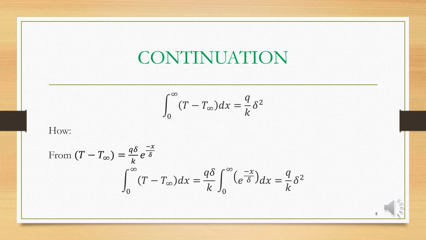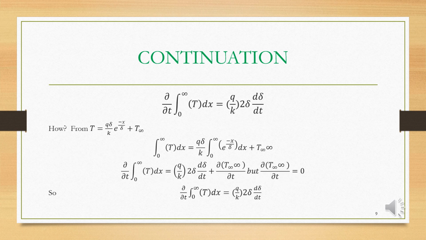The last integral is carrying out the time derivative of the integral of T dx from 0 to infinity. The solution is Q over K times 2 times lambda times d lambda dt. But how do we do this? First of all, we know the temperature profile, which we got. We substitute it into the integral of T dx from 0 to infinity.